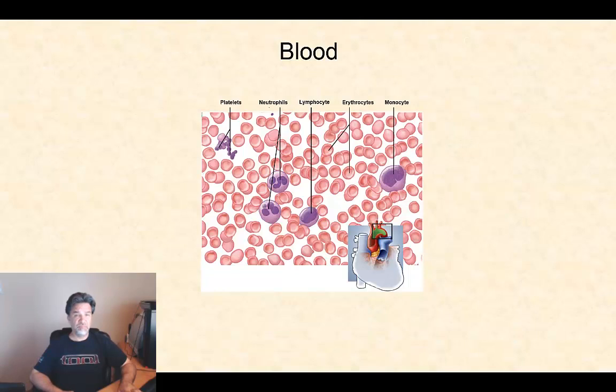Lastly, we have blood, and I don't want to get into this too much. It's the subject of a whole chapter in A&P 2. You've got several blood cell types. There's not really a ground substance here. The major claim to fame is, where is blood made? Why is it considered a connective tissue? Well, you have to look at where it's made. And it's made in the bones, right, in bone marrow.